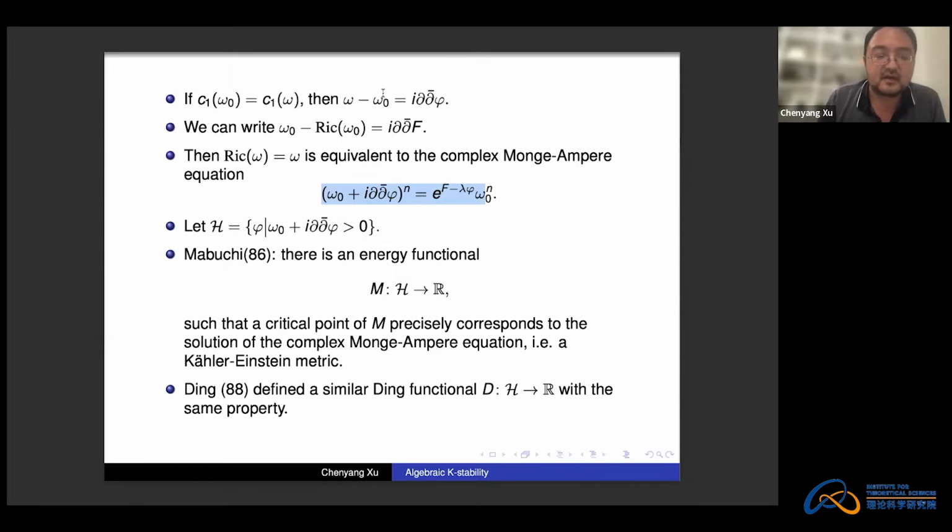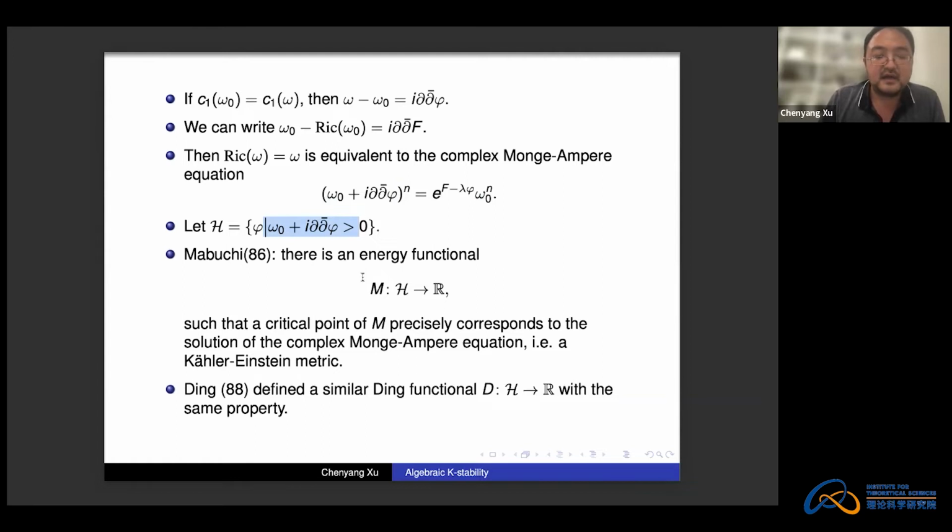So we consider all possible solutions in the space of Kähler metrics which have the same class as omega_0. So by the ddbar lemma, that is just all smooth functions phi such that this is positive because this is a Kähler metric. I mean, obviously, this is an infinite dimensional space.